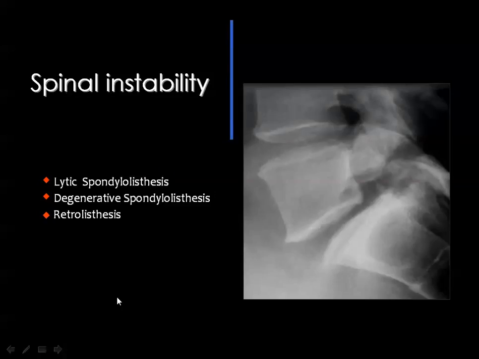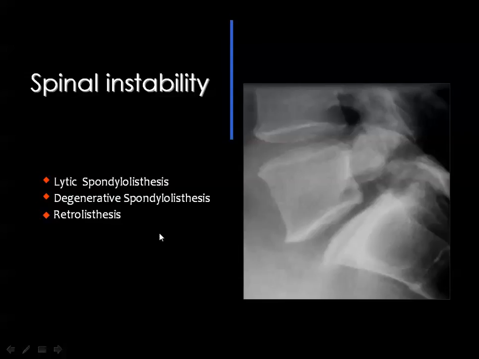Then we come to the spinal instability, and we have three types of vertebral displacement in relation to the vertebra below. We have anterior displacement and posterior displacement. Anterior displacement is of two types depending on the intactness of the pars interarticularis.